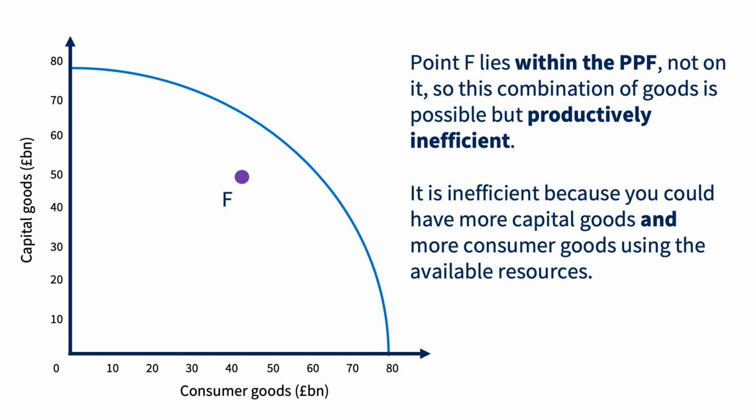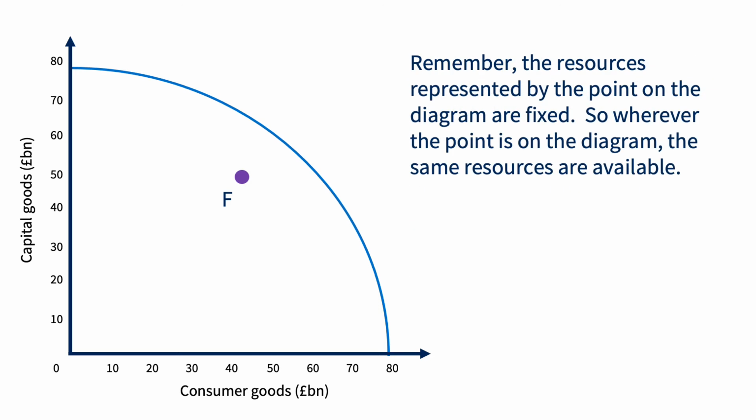In this diagram, point F lies within the PPF, not on it. So this combination of goods is possible to produce, but productively inefficient. It is inefficient because you could have more capital goods and more consumer goods using the available resources. Remember, the resources represented by the point on the diagram are fixed, so wherever the point is on the diagram, the same resources are available.